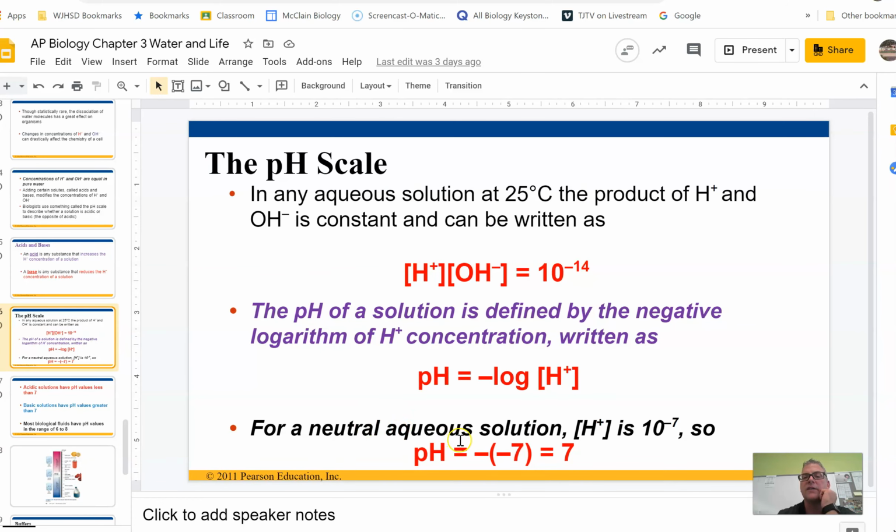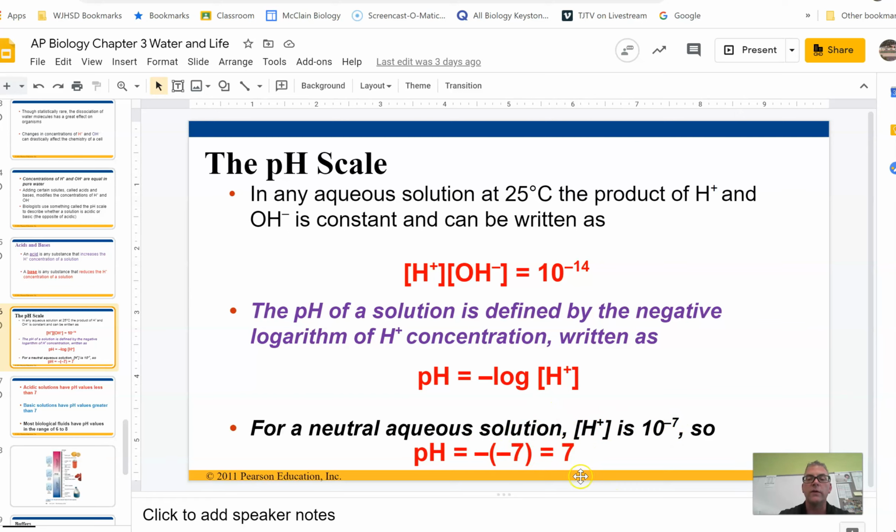So if I had something where my hydrogen ion concentration was 10 to the negative 7th, okay? That's right in the middle. We'd have the same amount of hydrogen ion and hydroxide ion, so that would be neutral. And when we go in here, the negative log of the concentration of hydrogen ion basically says the negative of the 10 to the negative 7th, and then with the log scale, it's going to give us my pH as being 7.